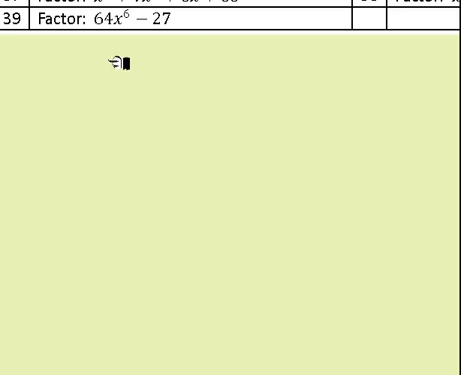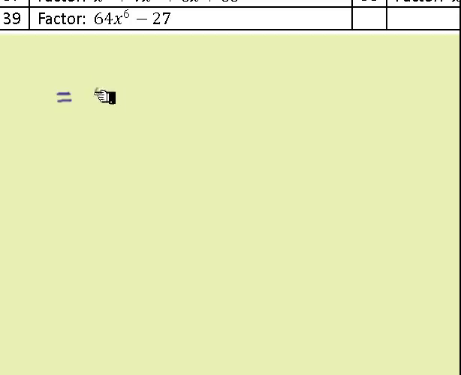All right, here's our last example. We have 2 terms. We don't see a common factor, but we do notice that both terms are perfect cubes. Not perfect squares, but perfect cubes. Okay, so let's notice that 64 is actually 4 cubed, 27 is 3 cubed, and x to the 6 is a perfect cube because 6 is a multiple of 3.